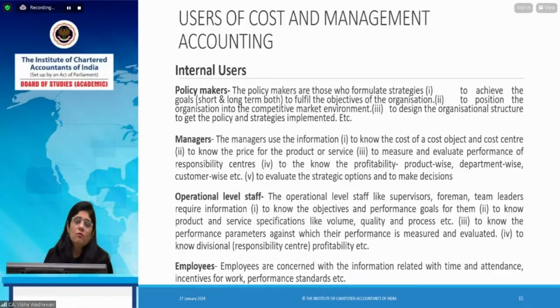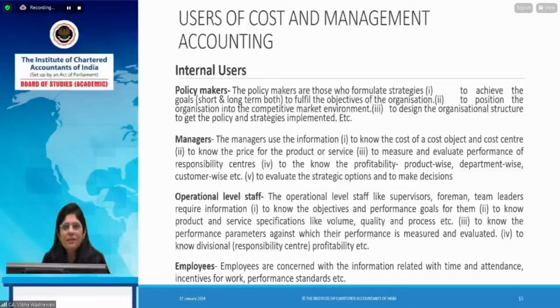They will know how much is the price fixed, how much is the cost, how further we can lower the cost, so as to lower the price, or to offer whatever policies, discounts or schemes you can offer, to make your organization more competitive. Of course, costing gives a lot of information to the management to achieve this, to design the organization structure, and to get the policy and strategies implemented.